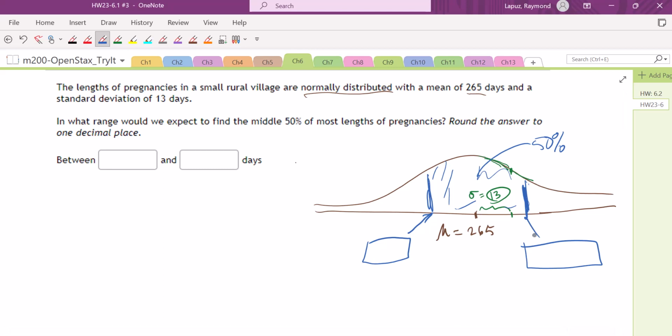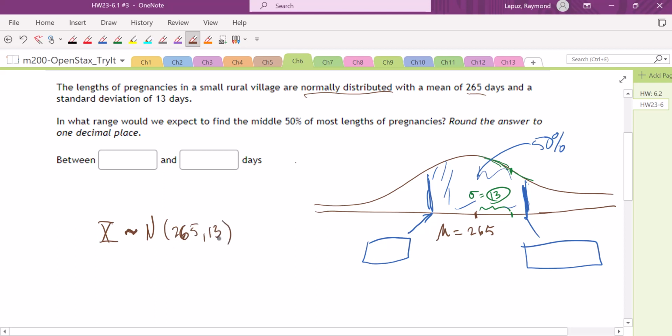If we are looking for areas, we're looking for a normal distribution probability. But if we're looking for these values, we're actually looking for an inverse normal distribution. Our variable is normally distributed with a mean of 265 days and a standard deviation of 13.